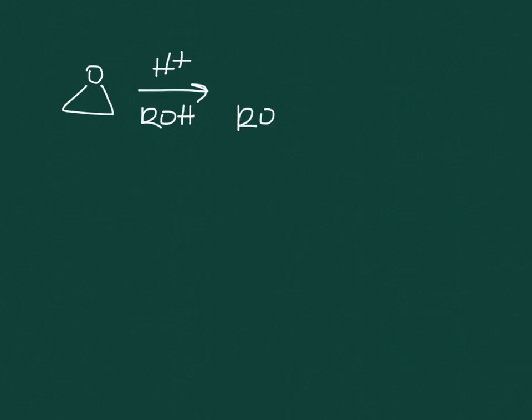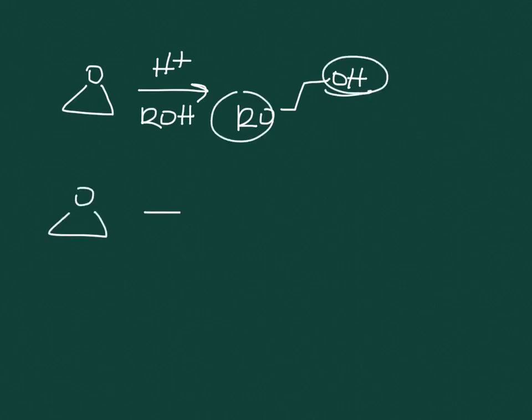We can also have H plus in the presence of an alcohol, and here our product will be an ether and an alcohol. Ether, alcohol. Mechanism, first step, we protonate.